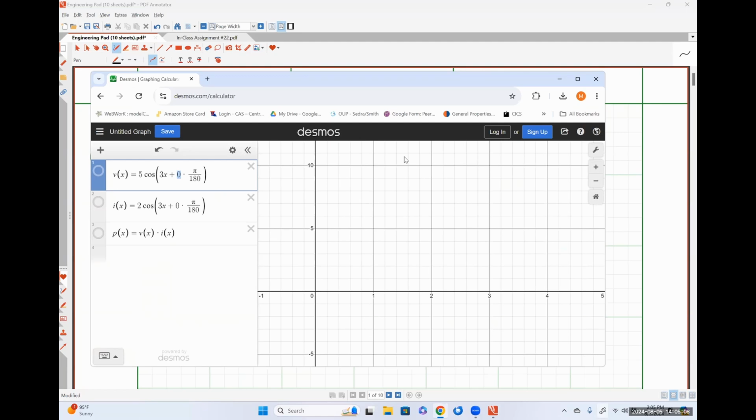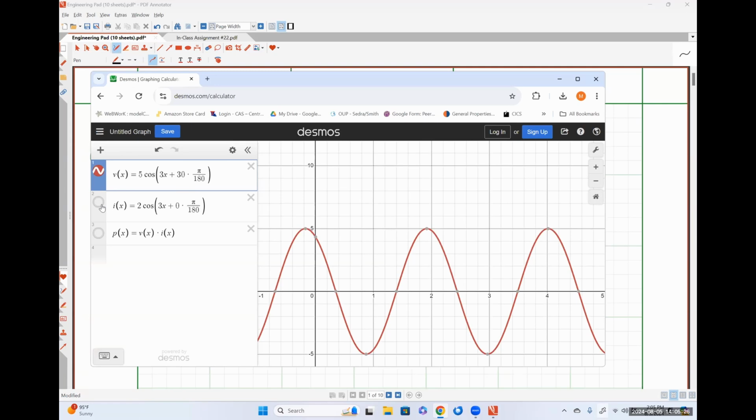All right, I'm going to put 30 there. And I'm just going to choose for right now that my current is going to lag my voltage, so I just need it to be a number less than 30. 0 satisfies that.